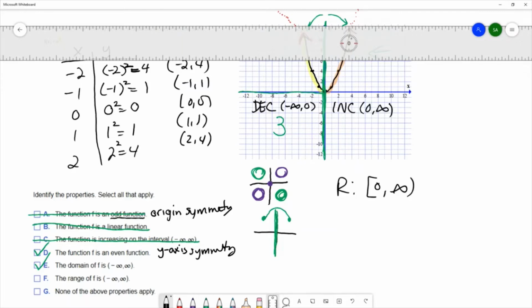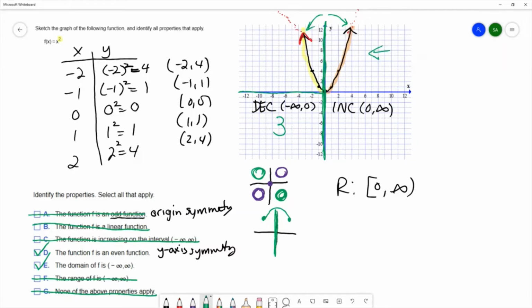And so I would not select this property. The final one says none of these properties apply. Since I've selected 2 of them, I wouldn't check this one either. So the 2 properties I would select is that this function is an even function and the domain is from negative infinity to infinity.